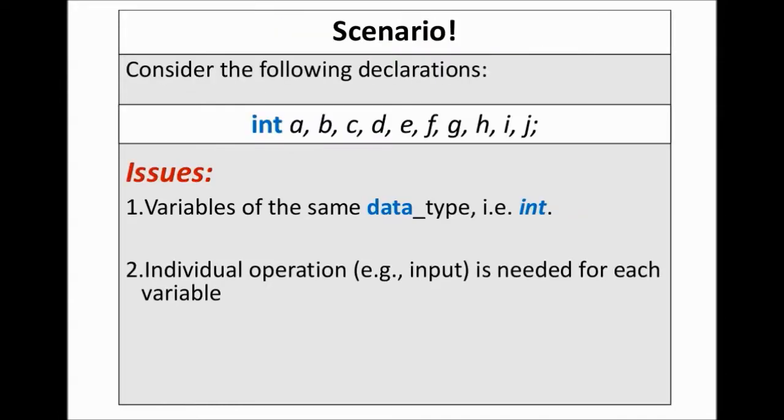Let's have a scenario. We initialize variables with the same data type, that is integer. So we write int a, b, c, d, e, f, g, h, i, and j variables.